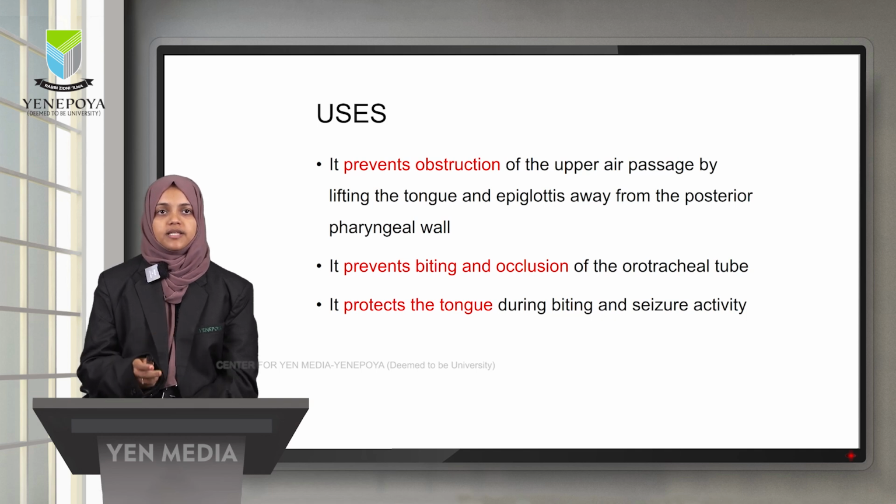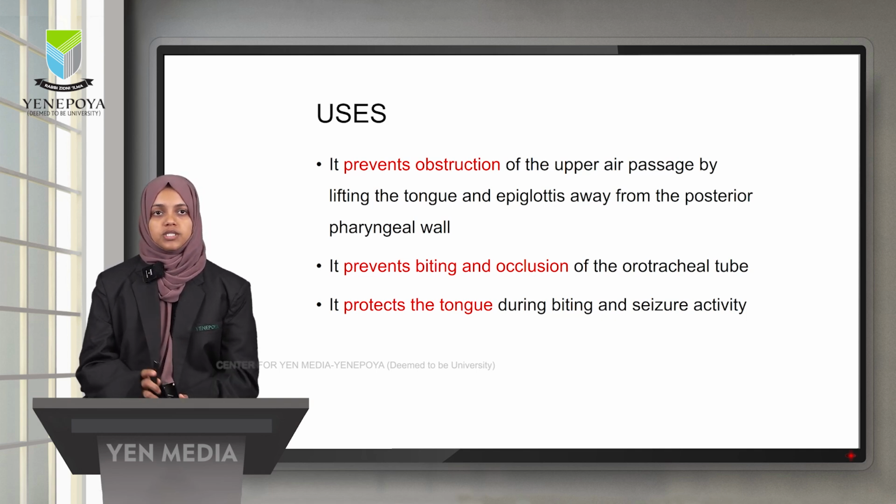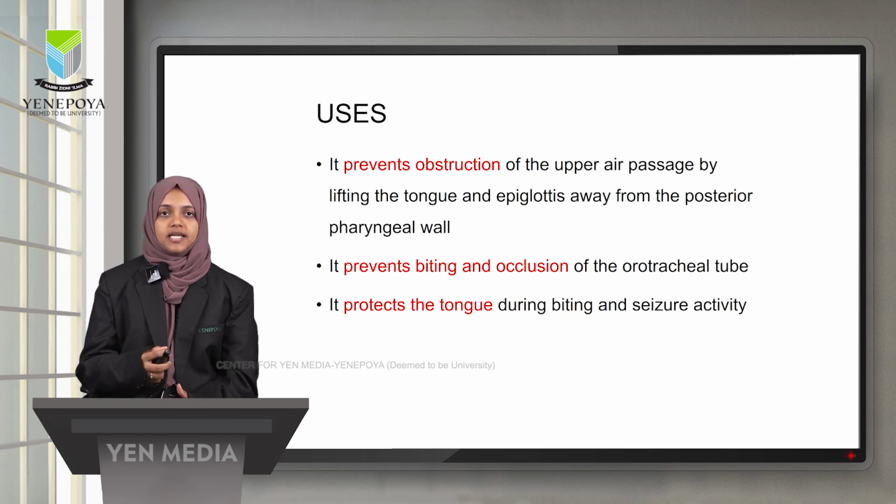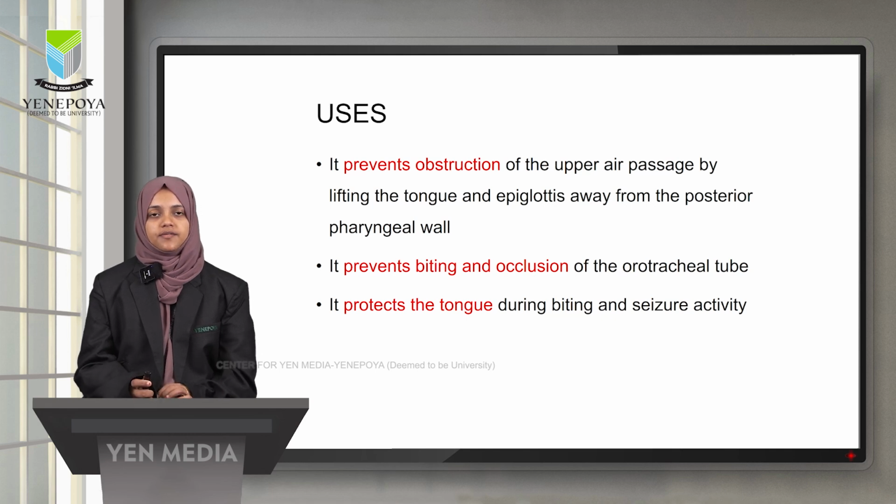This airway, when inserted, prevents the biting and occlusion. It also protects the tongue during biting and seizure activity. During seizure activity, there is a high chance for the victim to bite the tongue and cause injury. So when an airway is inserted for those patients, it protects the tongue.